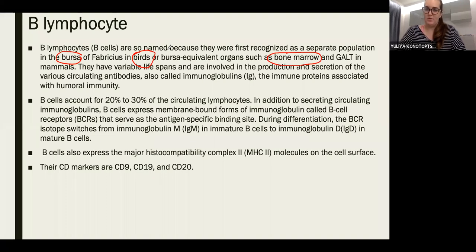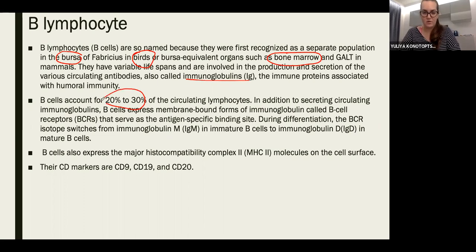What is their job? Surveillance, monitoring, until they meet their antigen, right? The one that perfectly fits onto their receptor. That antigen will activate them and they will become plasma cells and they will make antibodies or immunoglobulins against that specific antigen. They make up 20 to 30% of lymphocytes, okay?